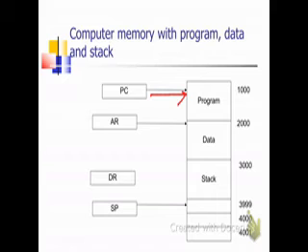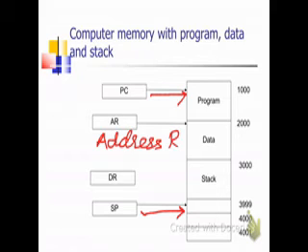Similarly, you can see the stack pointer, SP is the stack pointer, and it is pointing to the top of the stack. Then you have AR, this is known as the address register. DR is known as the data register. So these are some special purpose registers.